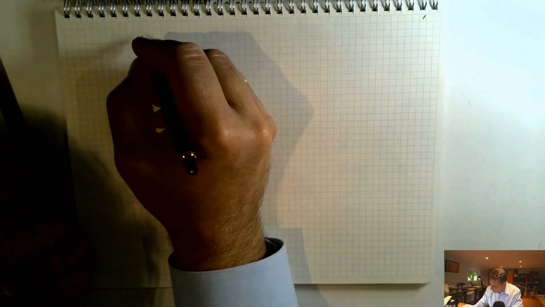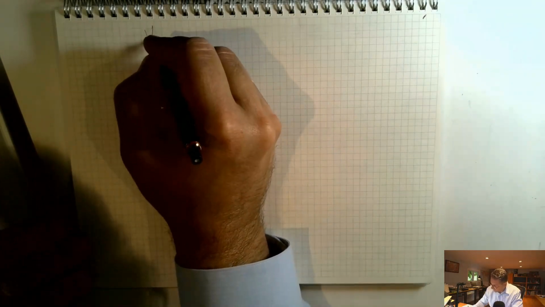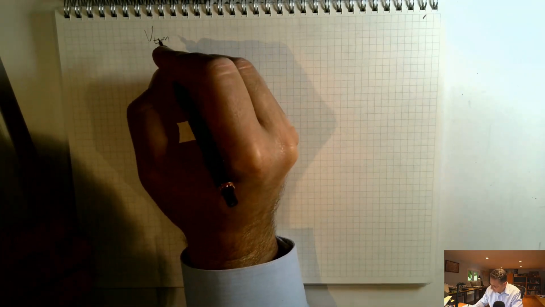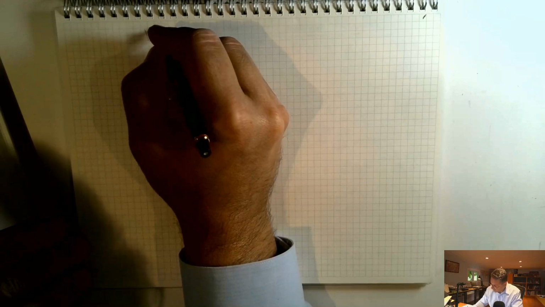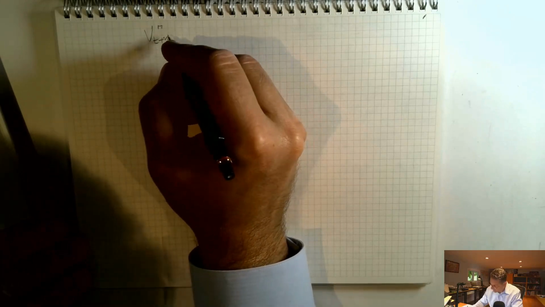So the equation is V of t plus n. Since we were also adding policy pi, let's add it.